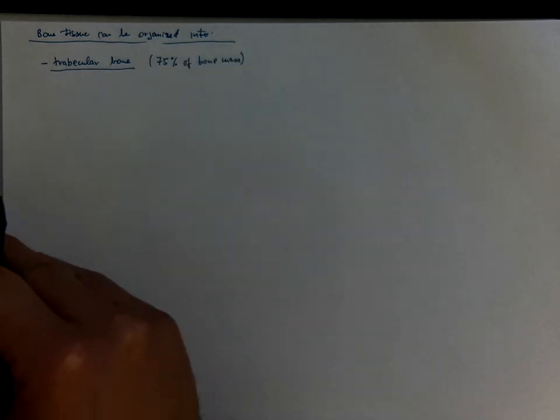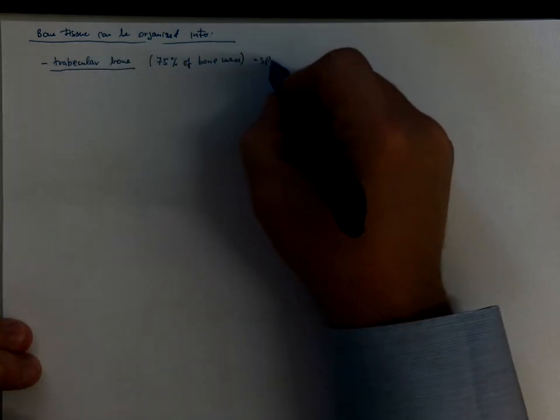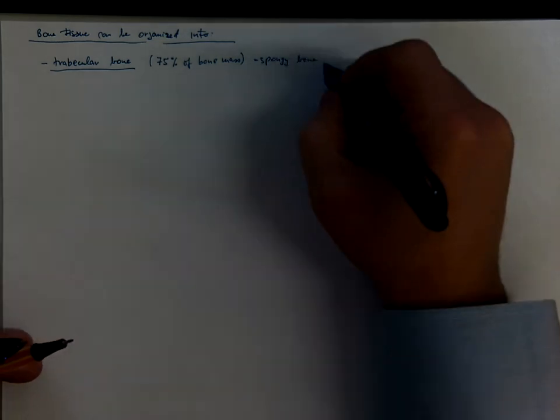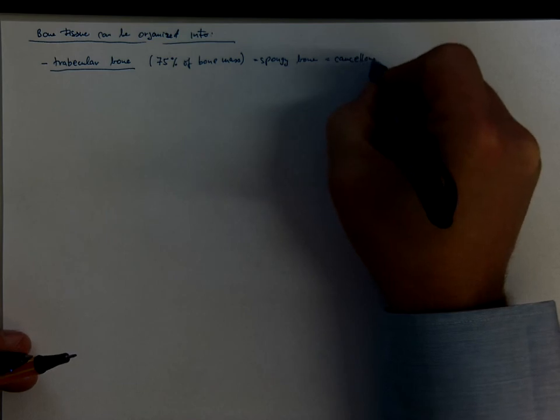So we have some trabecules. Another name would be spongy bone, or cancellous bone.